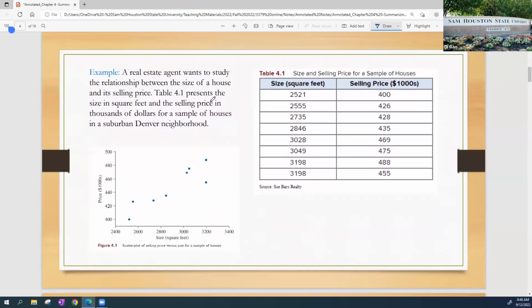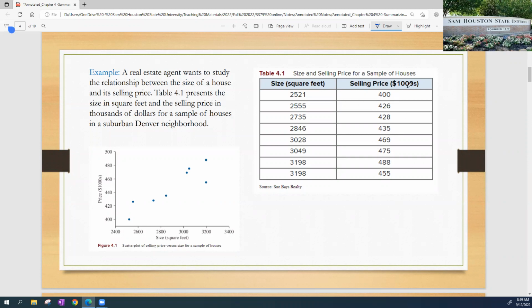Let's now look at this example. A real estate agent wants to study the relationship between the size of a house and its selling price. So this table 4.1 presents the size in square feet and the selling price in thousands of dollars for sample houses in a suburban Denver neighborhood.